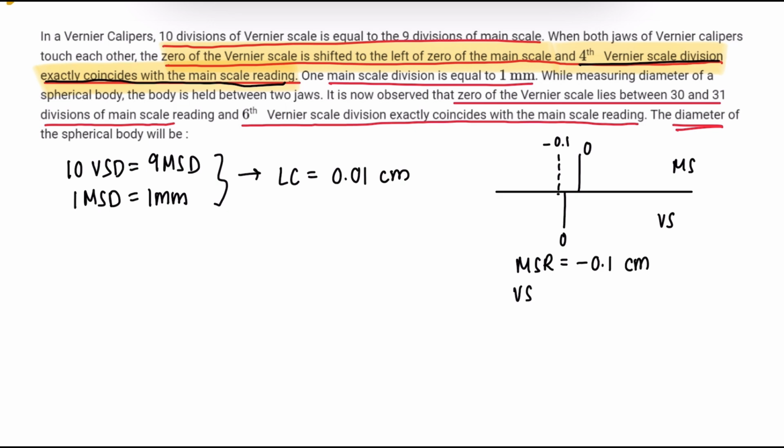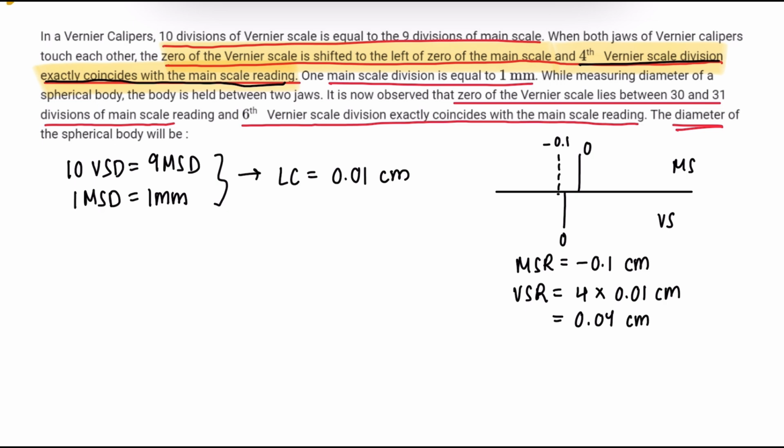And the vernier scale reading, they've told us that the fourth vernier scale division exactly coincides with the main scale reading. So that means the vernier coincidence is 4 times the least count, which is 0.01 centimeters. So with this we get that the vernier scale reading is 0.04 centimeters.